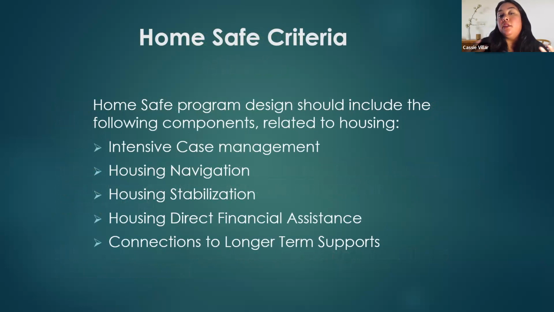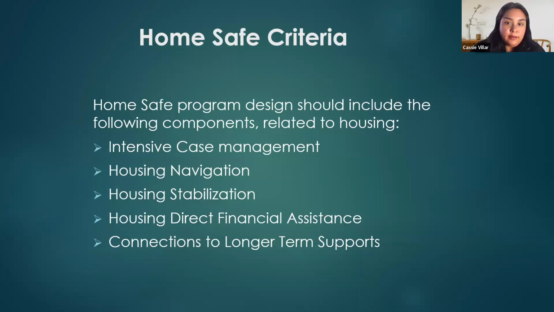It's not going to be a long-term solution. We can come in and provide support to help somebody stabilize housing, but we don't have the funds, and the program is not designed to pay for housing for the remainder of that individual's life. For instance, there's intensive case management, housing navigation, stabilization, and so forth.